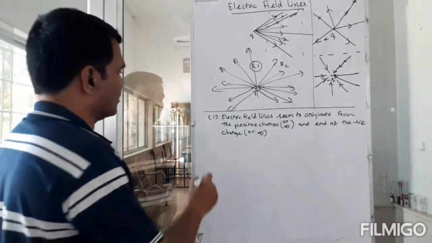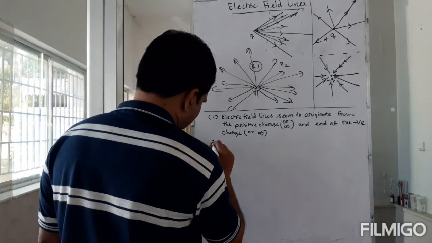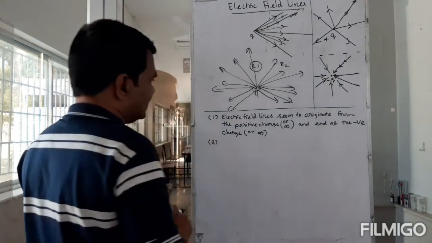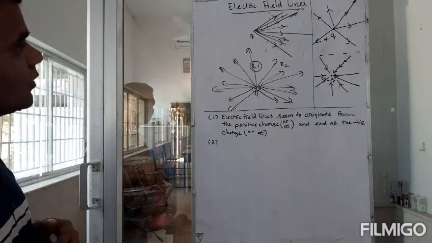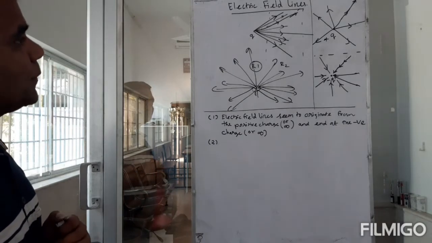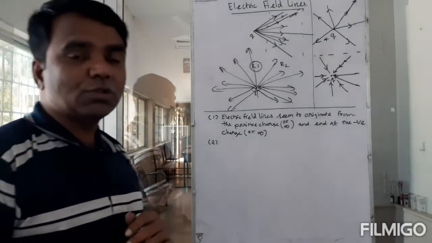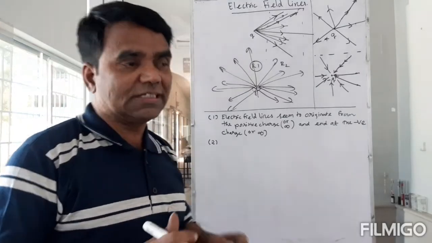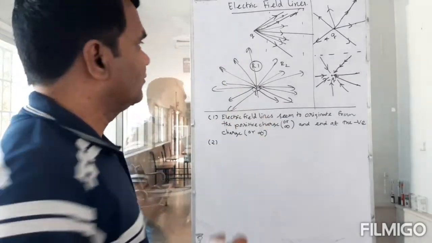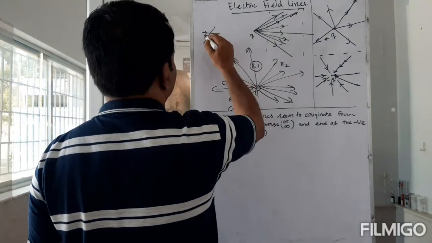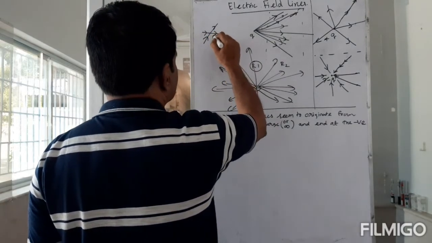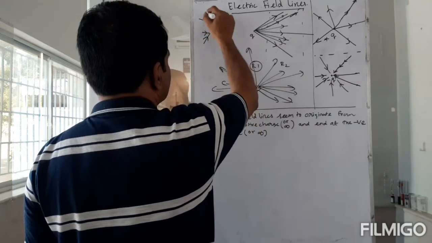And what's the second one? The second point is this. They do not overlap, in the sense they do not cross each other. For example, I cannot have a field like this. This is wrong.